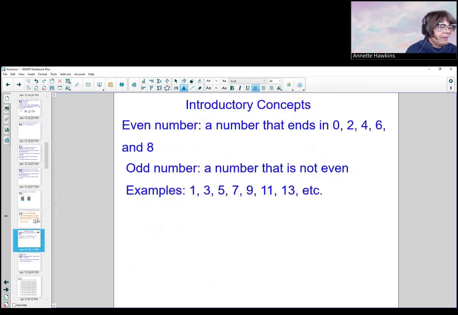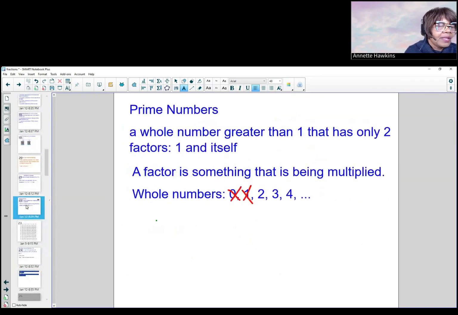Okay, so we are multiplying. We've already talked about that. Now, let's talk about prime numbers. A whole number greater than 1 that has only 2 factors, 1 and itself, is said to be a prime number. And so here's this word factor. A factor is something that's being multiplied.